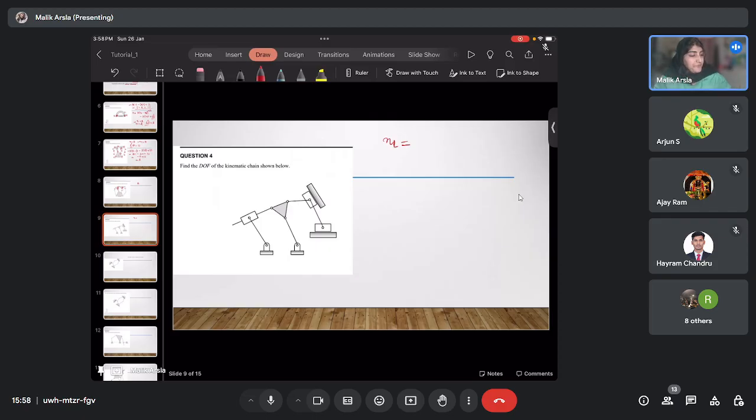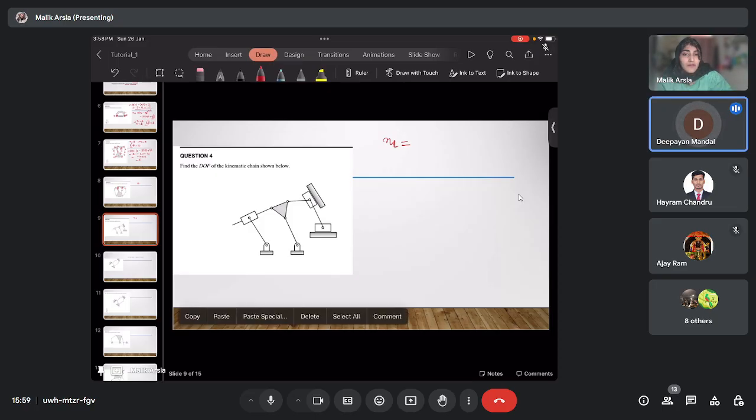Okay, see. Now, no, it's not 9, it's 10. Maybe you're not counting one of the links. Oh yes, it is 10. I missed this sliding pair over here below. So see, fixed link is always counted as one only, because ultimately we say that the fixed link is the ground.